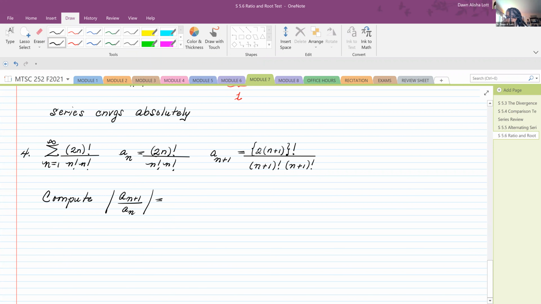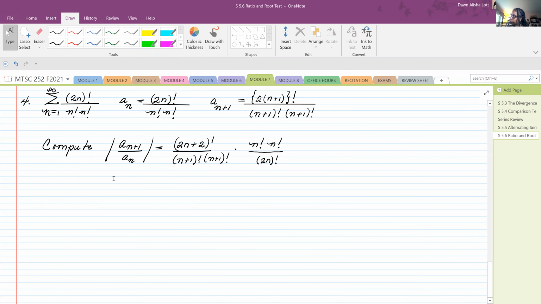So I get (2n+2) factorial over (n+1) factorial, (n+1) factorial. And then when I divide by a_n, I get n factorial over (2n) factorial. So that's what we get.